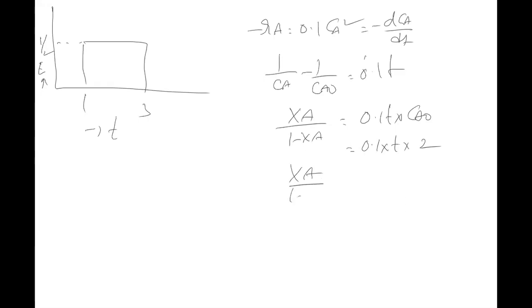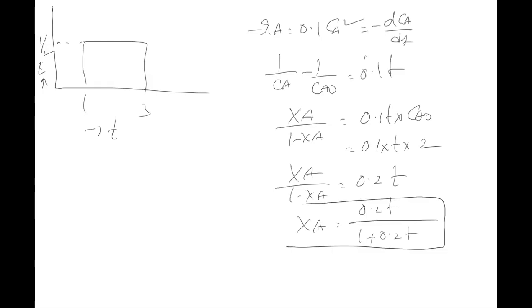So XA by 1 minus XA is equal to 0.2 T. So XA is 0.2 T by 1 plus 0.2 T.